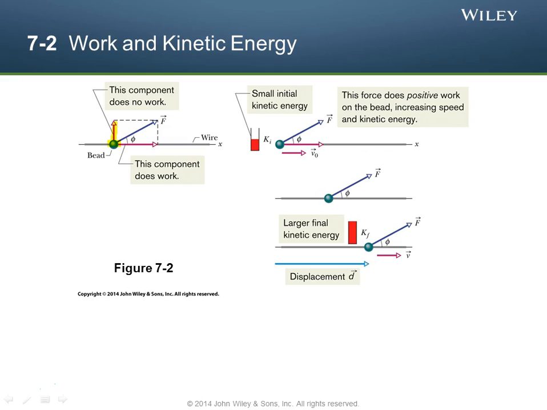Only the horizontal component of the force actually does work on the bead. And so the change in kinetic energy for the bead is going to be equal to the force times the displacement times the cosine of the angle between them. Because we have these two vectors, the force vector and the displacement vector, we can just multiply those times the cosine of the angle.